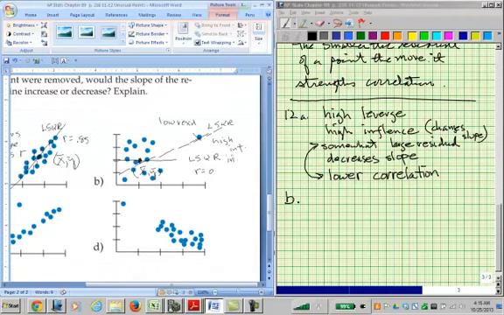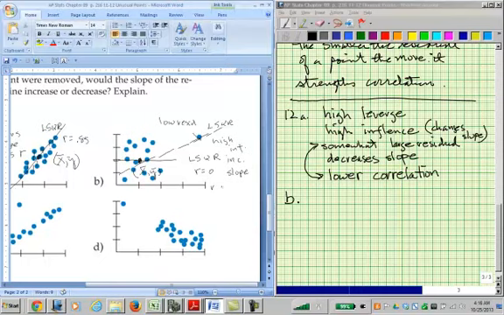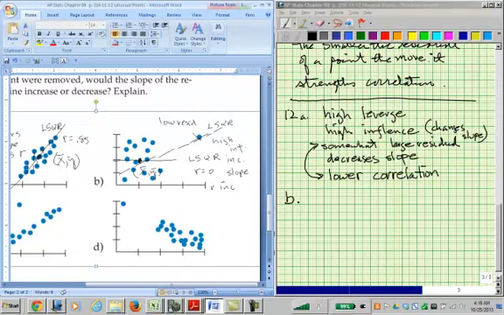Increases slope. And increases R, makes R much stronger. R is going from 0 to I don't know what, but definitely much bigger than 0. Okay, so R is going to go up.